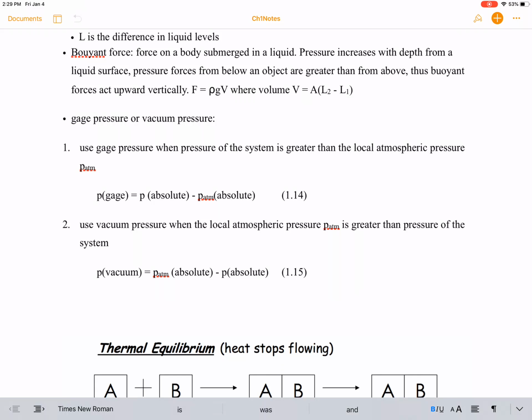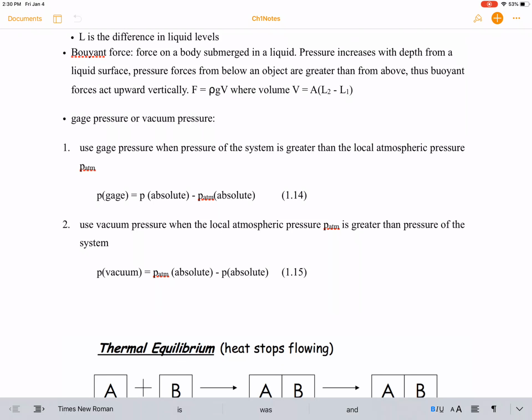Gauge pressure or vacuum pressure. We use gauge pressure when the pressure of the system is greater than atmospheric pressure. So the gauge pressure equals the absolute pressure minus the atmospheric pressure.